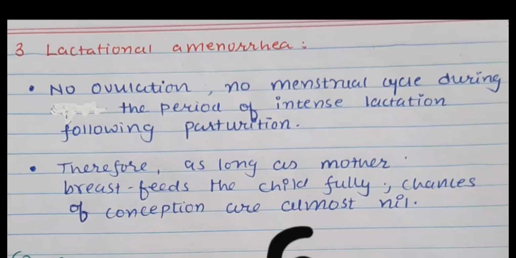So first understand, no ovulation, no menstrual cycle during the period of intense lactation following parturition, meaning after childbirth. As long as the mother breastfeeds the child fully, meaning the child depends only on the mother's breast milk, the chances of conception are almost nil.